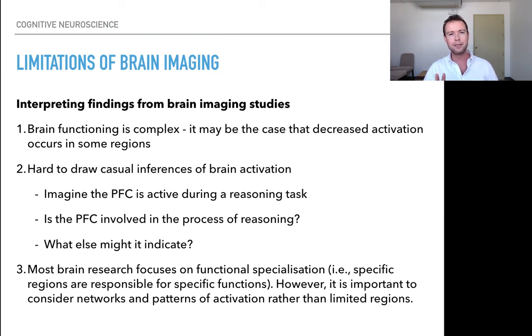So we can consider three specific reasons why this is the case, why we've got difficulties. First, there is just the sheer issue of complexity. When we say that a brain region is active during a task, researchers might mean that it is more strongly activated during the task compared to its activation during a baseline measure.